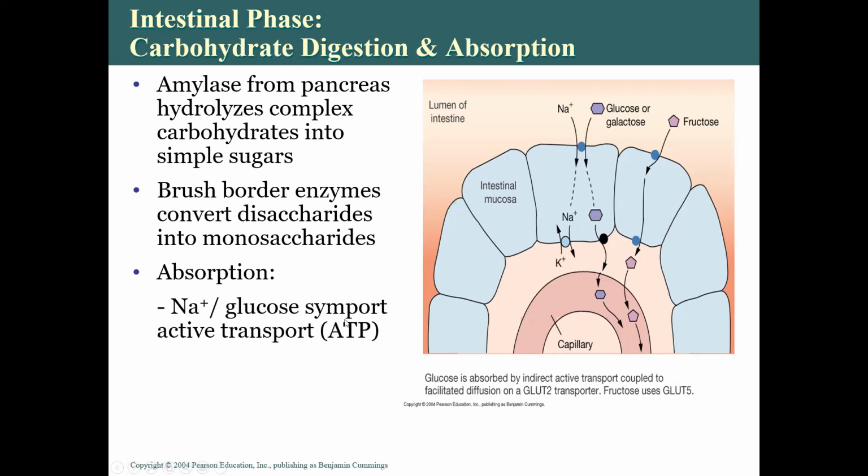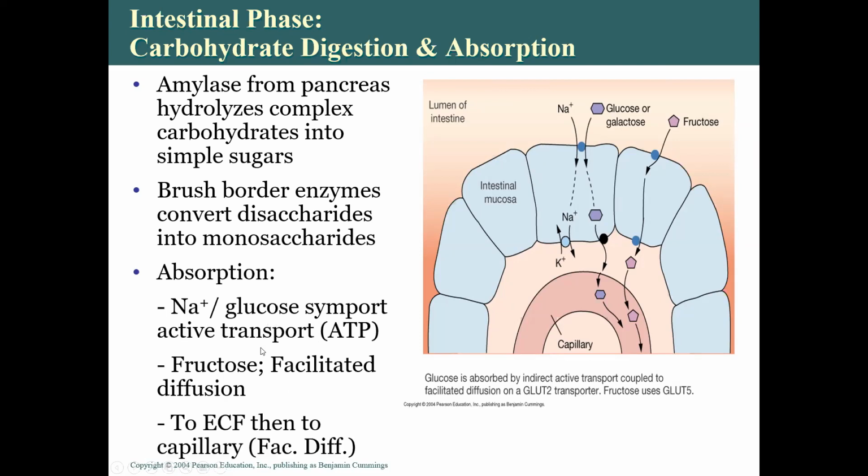Absorption: we have sodium-glucose symport, or co-transport, that requires ATP. Fructose needs facilitated diffusion, so that is not active, that is passive. So you don't need energy to absorb fructose, but you do need energy to absorb glucose or galactose. And then to the extracellular fluid, and then to the capillary, facilitated diffusion also helps move it from the extracellular fluid into the capillary.